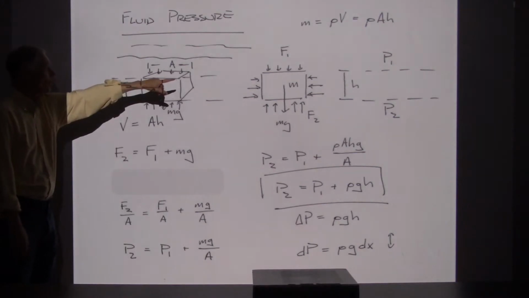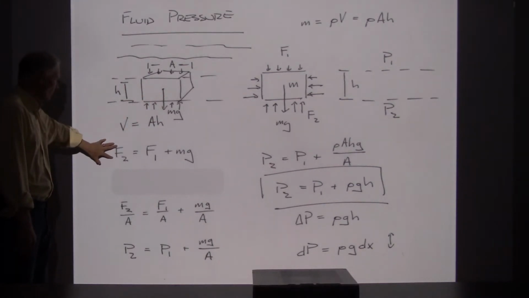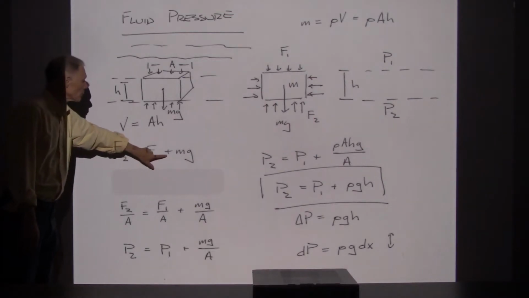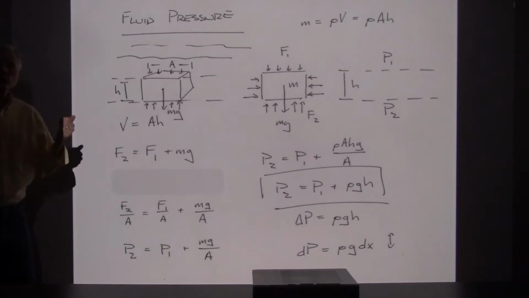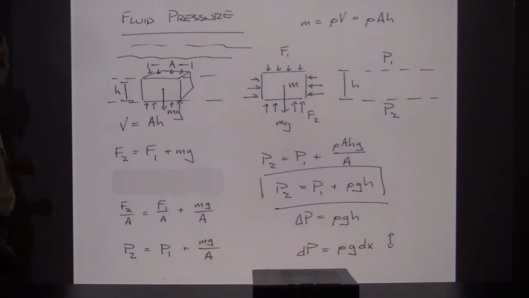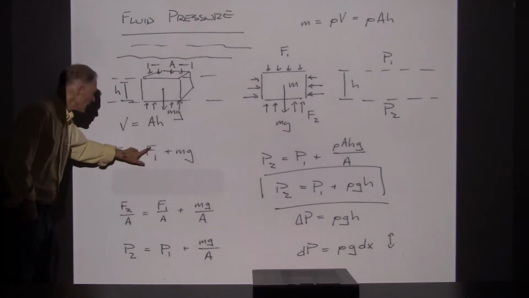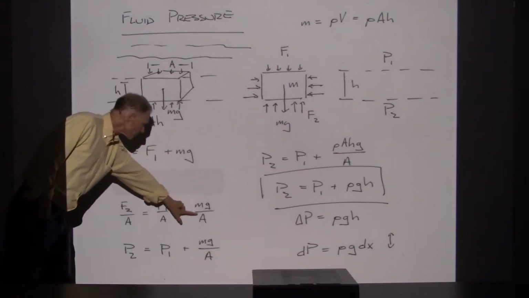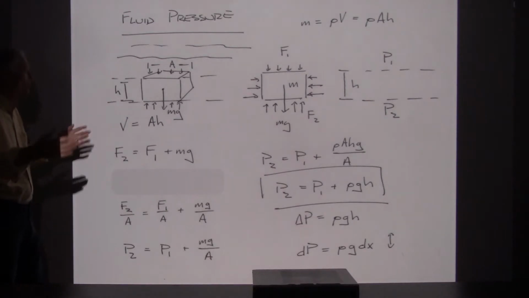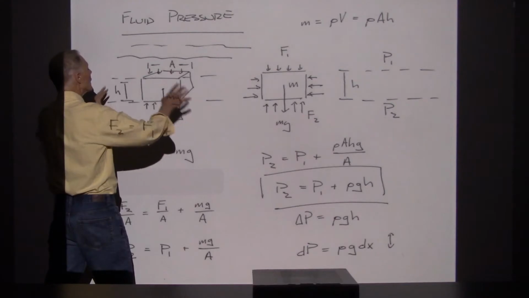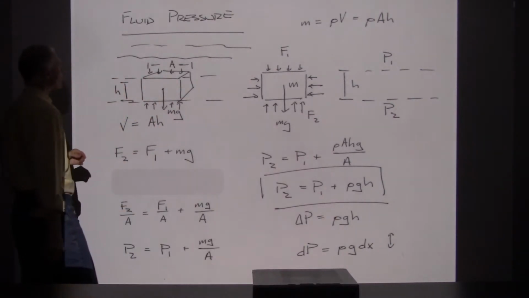So let's start with the force diagram here. The force from below needs to be equal to the force from above plus the additional force due to gravity. So there's the gravitational effect as we drop deeper and deeper. Now what I can do is I can take the force and divide by area, divide everything by area, right? That works. Now the area we're thinking of is the cross-sectional area of that sample of fluid.